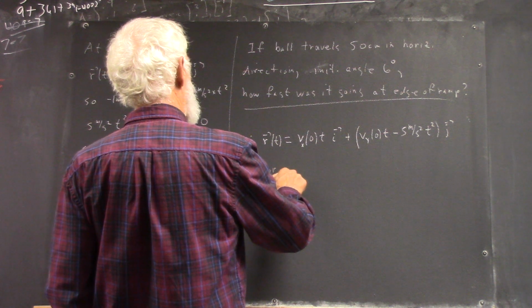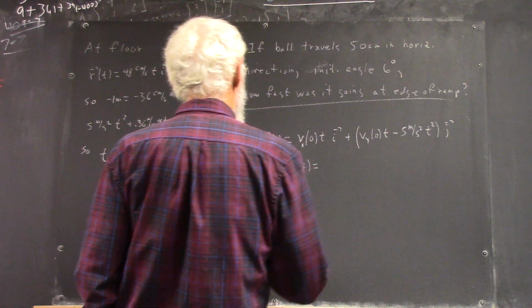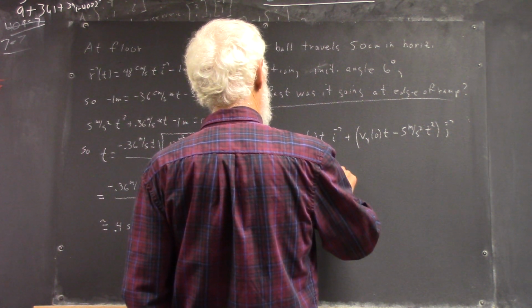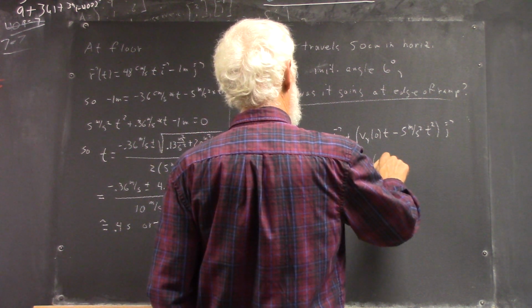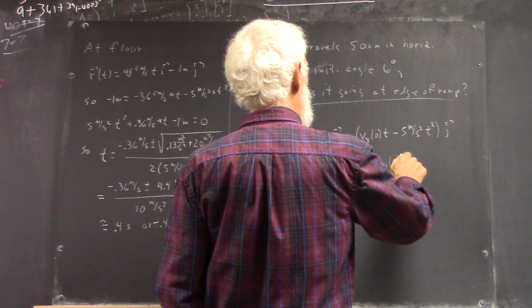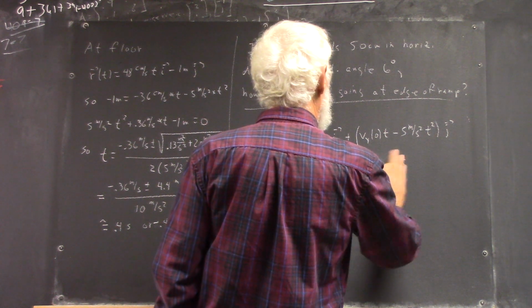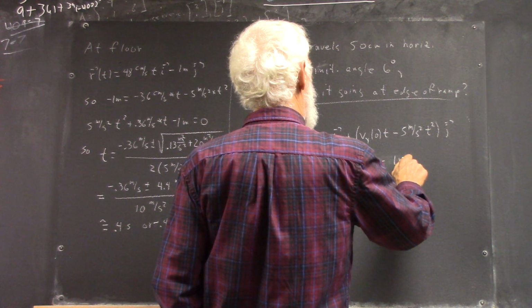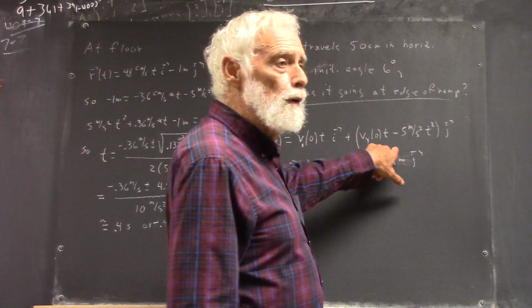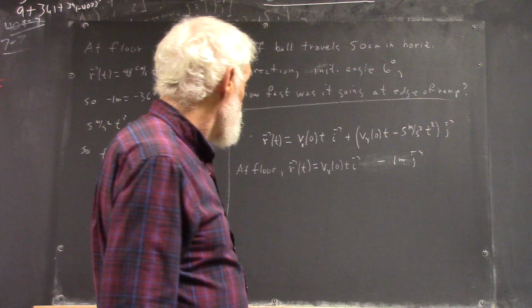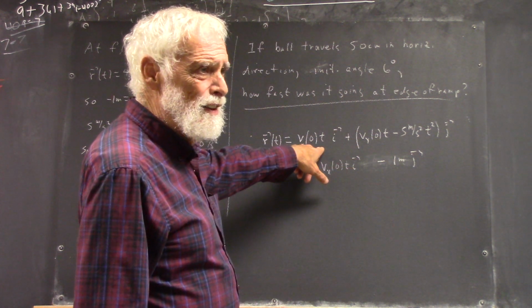At the floor, okay? You can set this equal to this, but you don't know Vy or T. So, not knowing Vy or T here isn't going to help you.